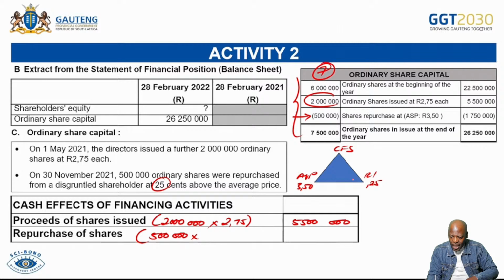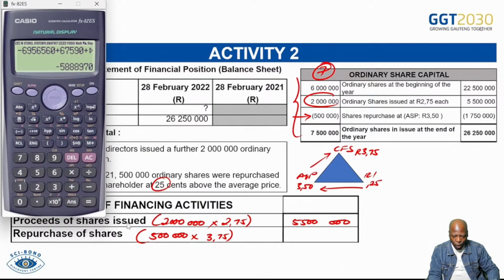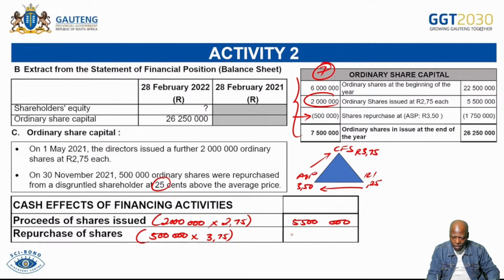So if I need to get the cash flow statement amount, I'm going to say the 25 cents plus the 3 Rand 50 gives me the cash flow amount, which is my 3 Rand 75. So I'm going to come here, it's going to be 500,000 multiplied by 3.75. I close my bracket. Then I come here, it is 500,000 multiplied by 3.75. And that is going to give me 1 million. Remember, it's in bracket.